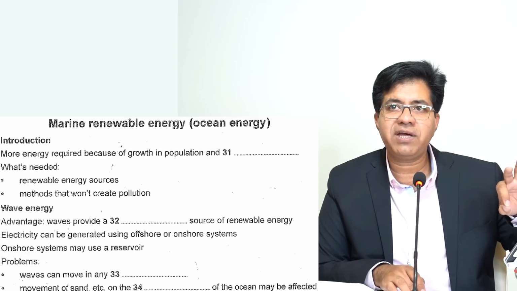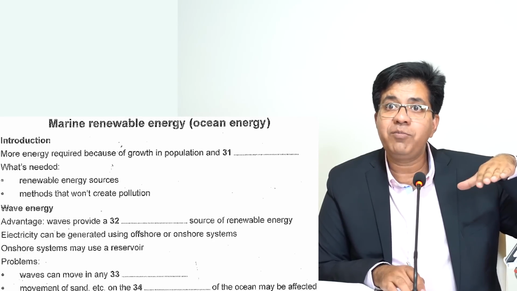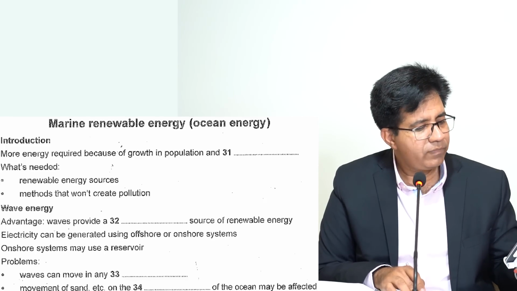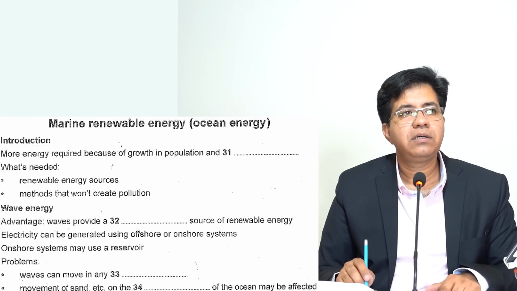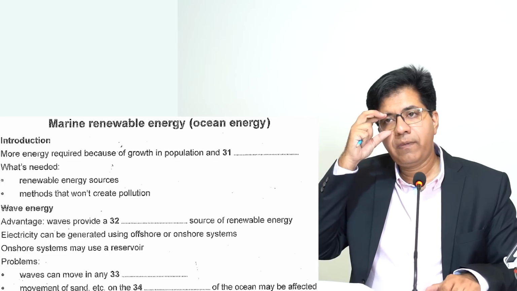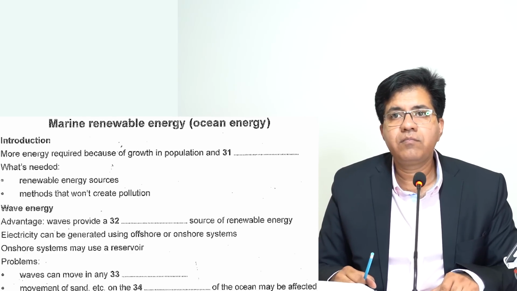Now listen, don't expect sand on the surface of the ocean. It may be at the bottom of the ocean, right? So let's see. This adds to the difficulty of creating efficient technology. Ideally, all the waves would travel smoothly and regularly along the same straight line.